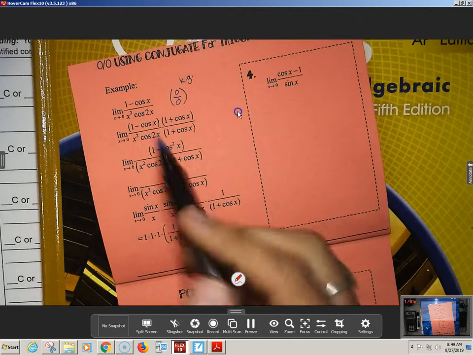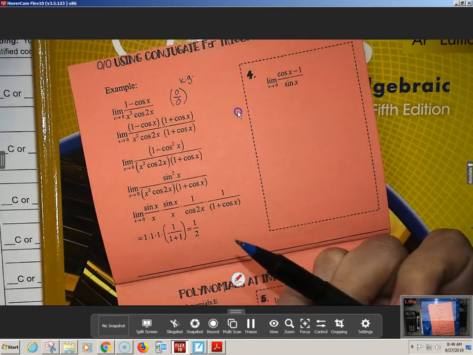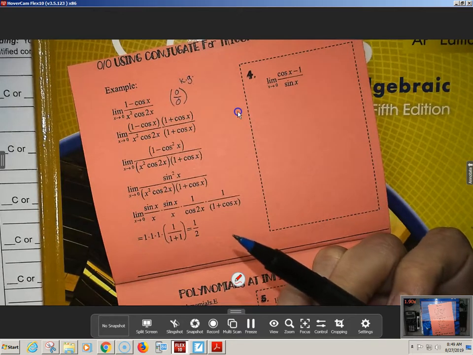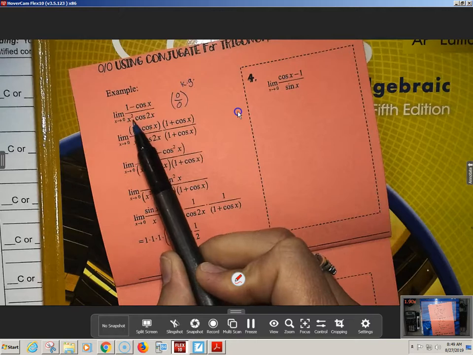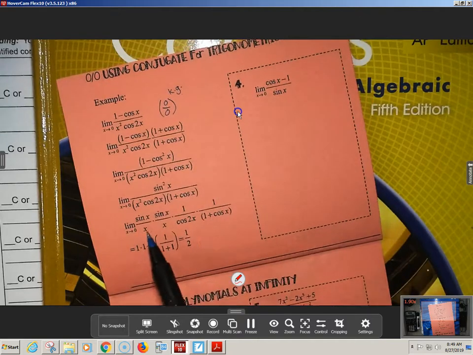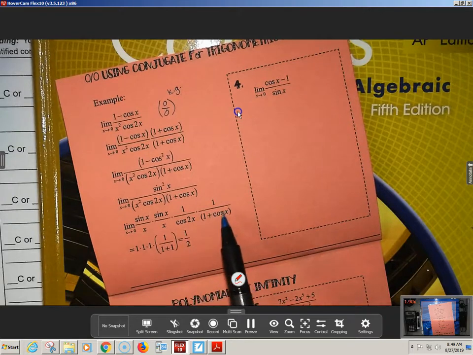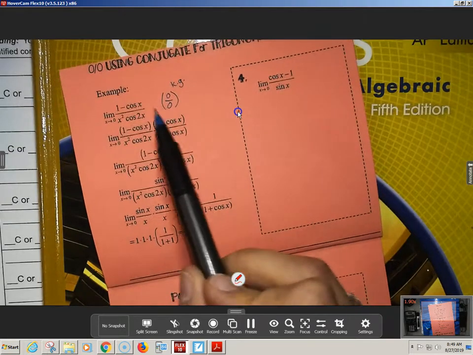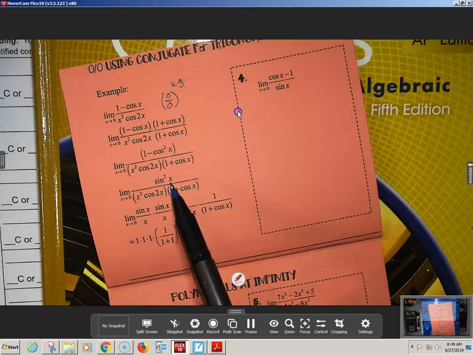So what they did is they said, this does not look exactly like a property. Well, wait a minute. Actually, part of it does. 1 minus cosine of x all over x. But if you tried to separate and see what was left, eventually they separate everything out to where they can plug in some properties. So they use some multiplying by conjugates to get a Pythagorean identity that they can substitute.